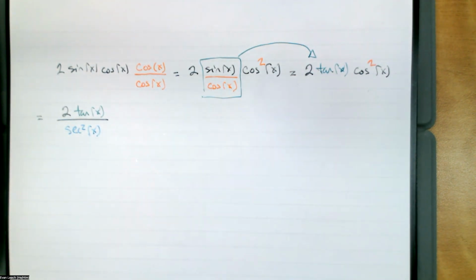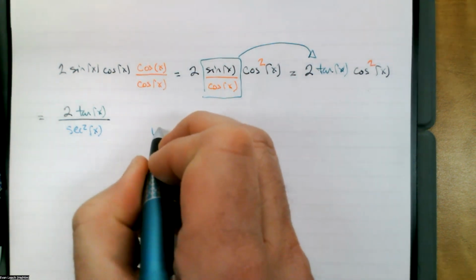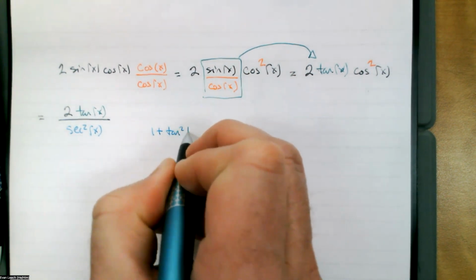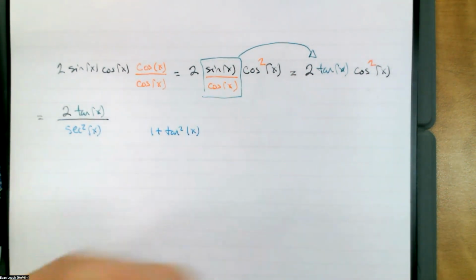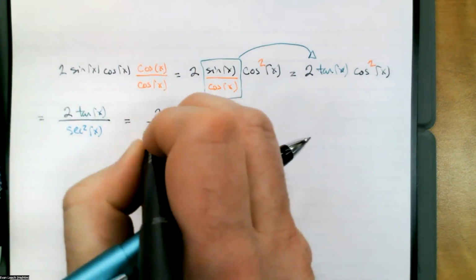And you're like, oh, dude, that still does not look like the tangent stuff. But that is a secant squared in the denominator, and secant is related to tangent. Secant squared is 1 plus tangent squared. And there we have another double angle identity for sine, this one in terms of tangent.